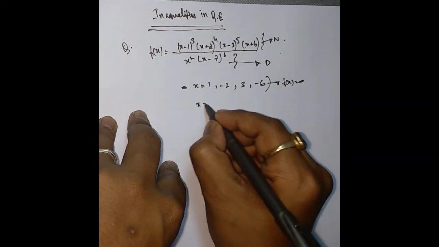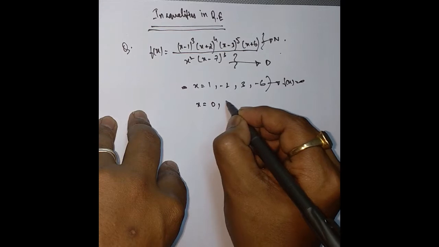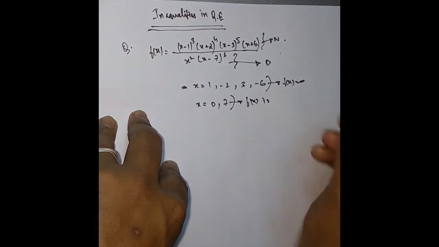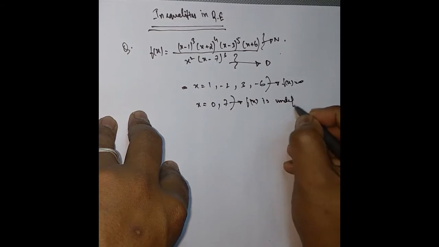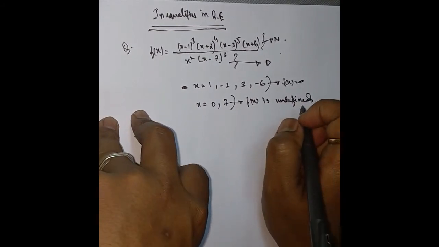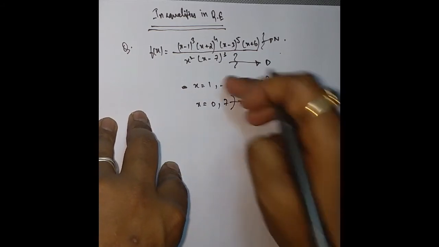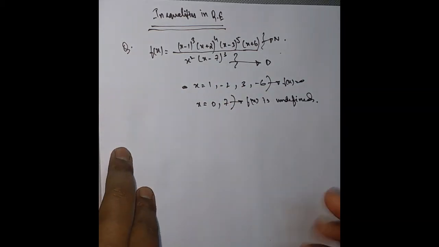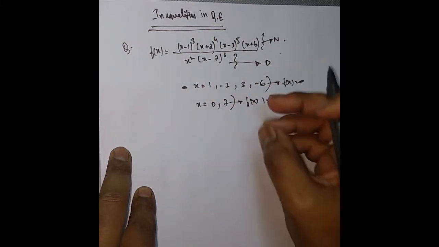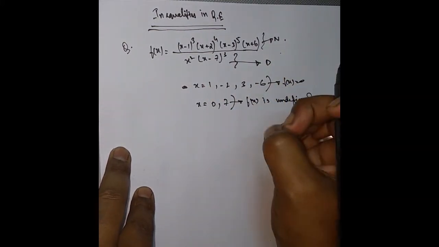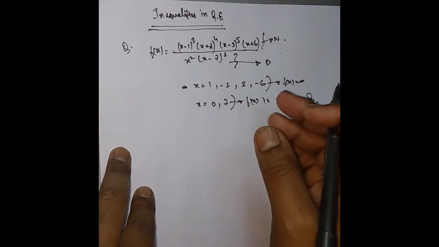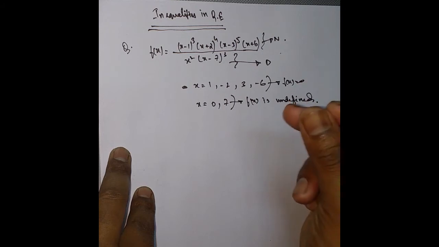And for x equal to 0 and x equal to 7, f(x) is undefined. So we need all the points. Let's draw a number line and plot all the points, and I'm going to tell you what to do. It's a very simple trick, and if you know it perfectly, you can solve it in very quick time.